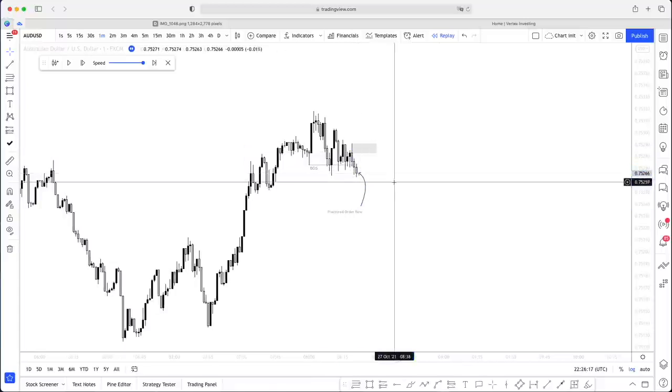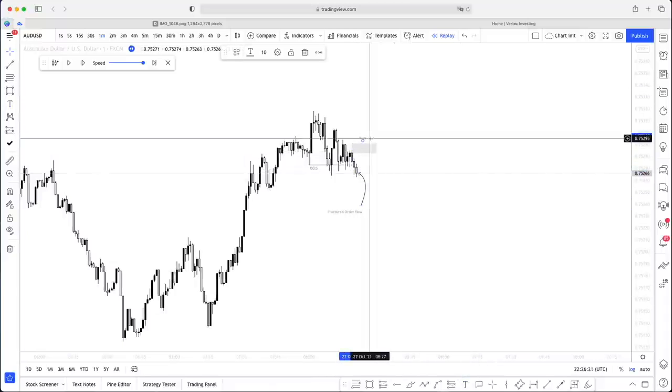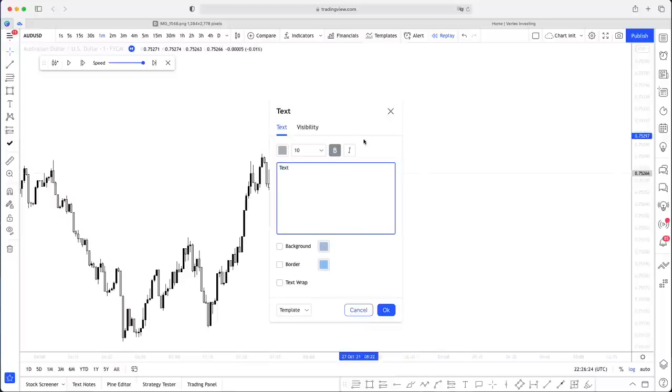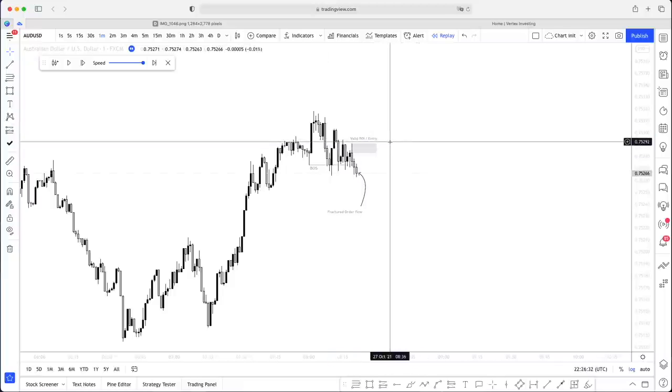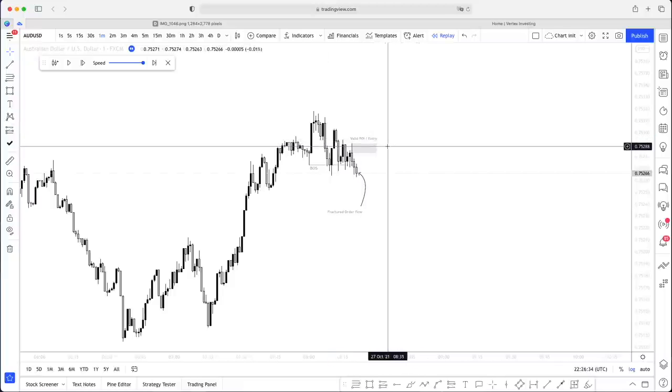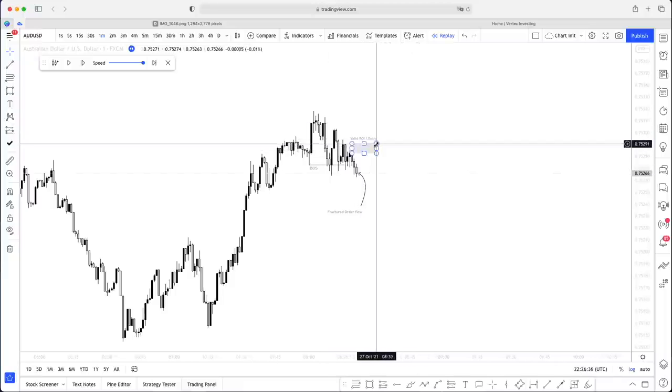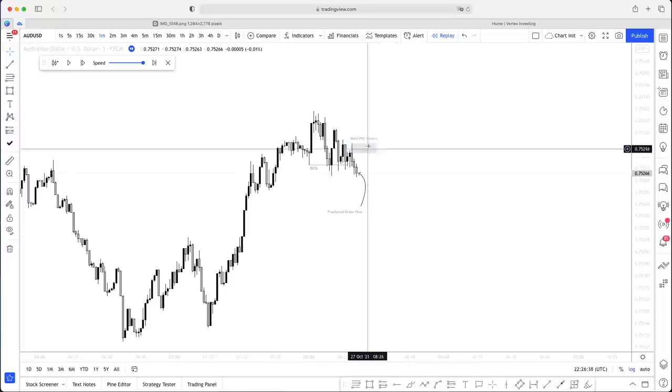What I'm going to write is valid entry, valid POI slash entry. What I mean by POI slash entry is that we use it as a POI because we look to confirm using our confirmation or inception model within here.